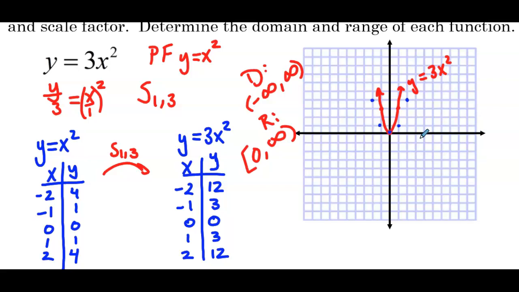Some students like to plot the points of the parent function and do all of the work we did here on the graph. That's fine. I would advise you don't connect the points of the parent function, just so you don't confuse yourself. But you may just have a lot of points going on. So a lot of students prefer to do it in a table of values and then plot. But whatever way you feel most comfortable with is the way that I would advise you to proceed.